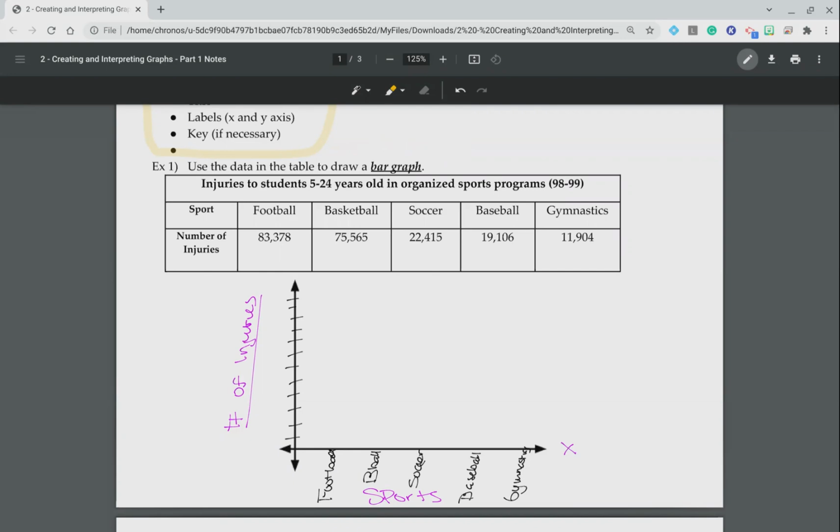Since our lowest number is 11,900, I am going to start my table at 10,000. All right, and I'm going to go up by 10,000. So 20,000, 30,000, 40,000.